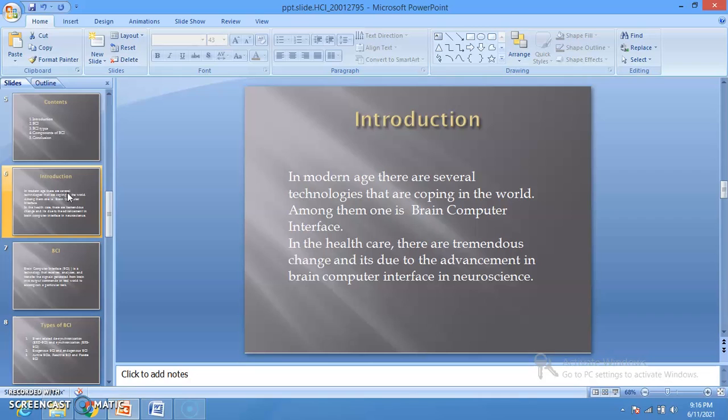BCI is mostly used for neuroscience, which we present in this presentation.